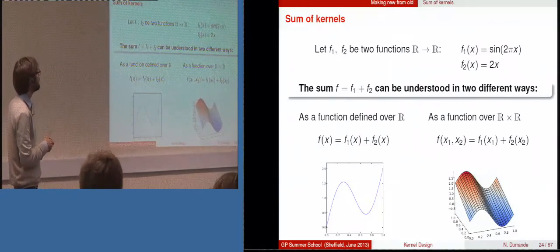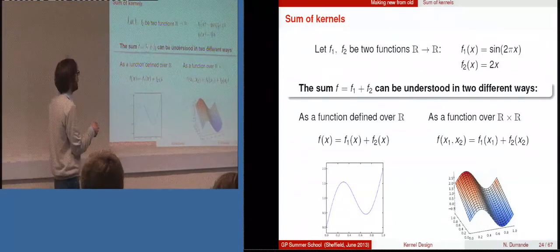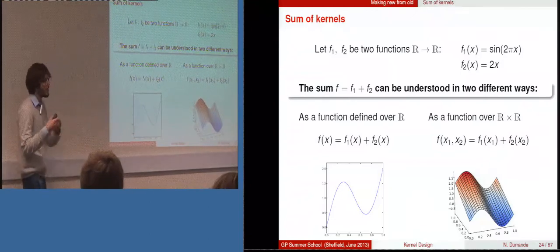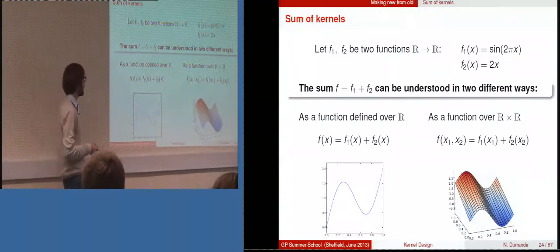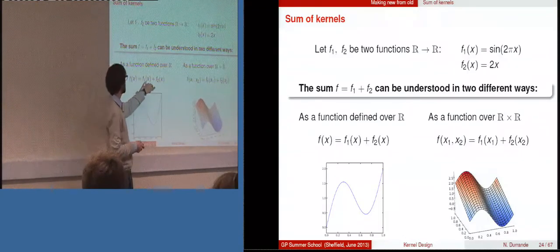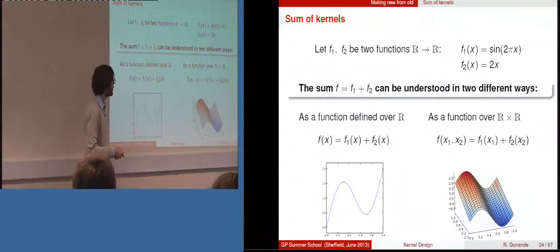Let f1 and f2 be two functions. So here I took two basic functions. If we compute the sum f equals f1 plus f2, there are two ways to compute this sum. The first one is to see f as a function defined over R. So we have f of x equals f1 of x plus f2 of x. This is what we have for this simple example.